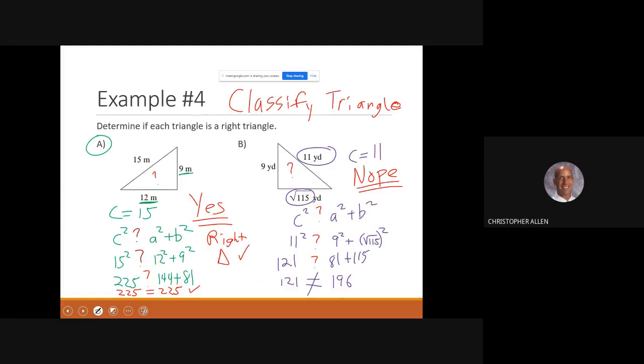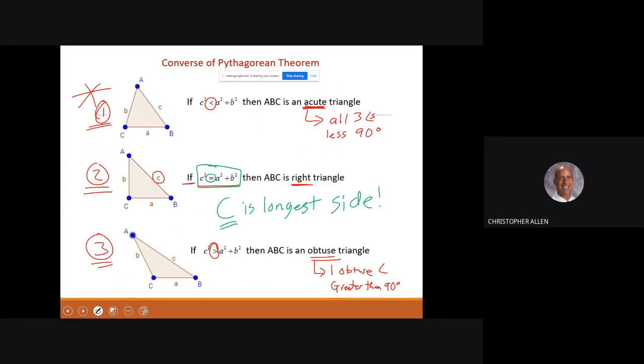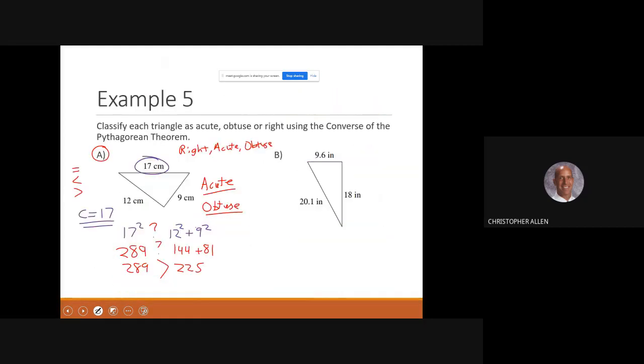So when I come back here to this slide, if it's greater than, it is obtuse. So I'm telling you that this is an obtuse triangle. And we use the converse of the Pythagorean theorem to determine that. It is an obtuse triangle. Even though the triangle looks like a right triangle in the picture, it's not.